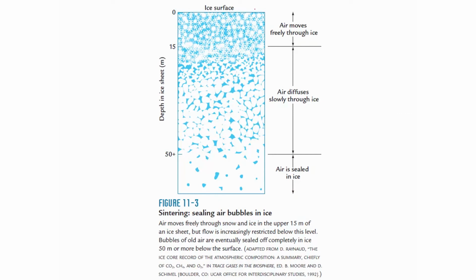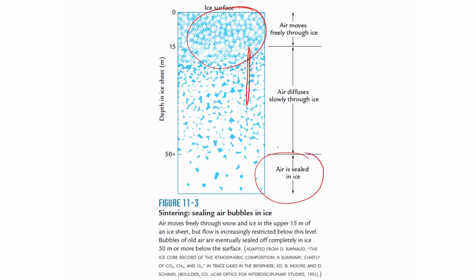So ice cores are basically formed this way. The air is moving easily through when it's in the snow phase. As it gets compressed, snow falls in one season. If it doesn't melt in the summer, then more snow falls on top in the fall and winter months. The bubbles that get trapped can move through easily or diffuse when the ice is not very thick.